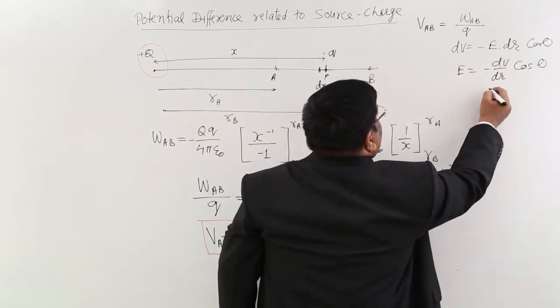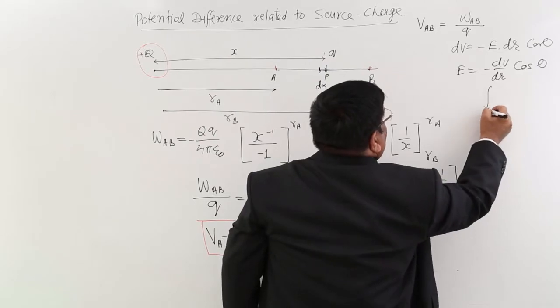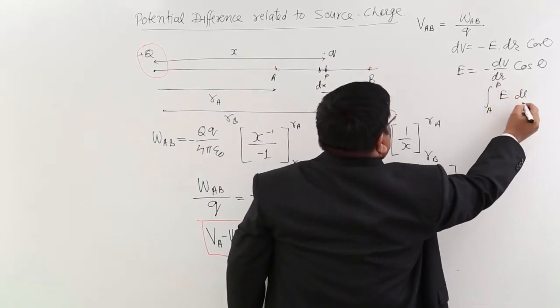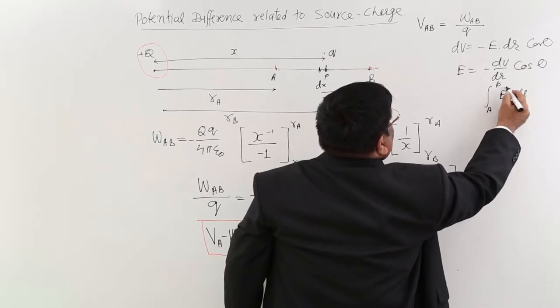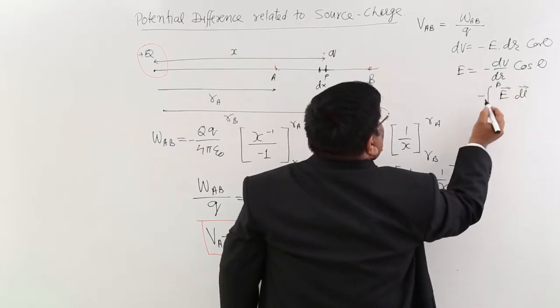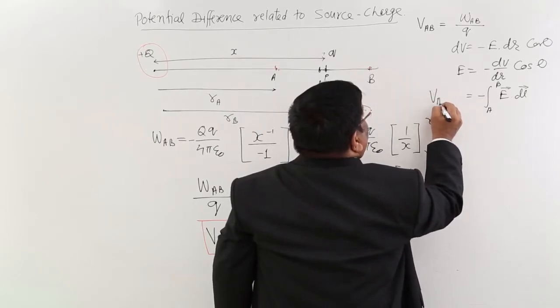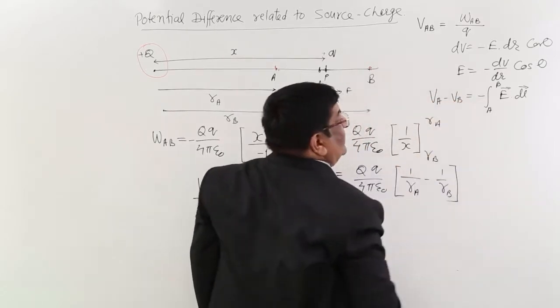The other we had is the line integral from A to B of E dl. The negative of the line integral is equal to the potential difference Va minus Vb.